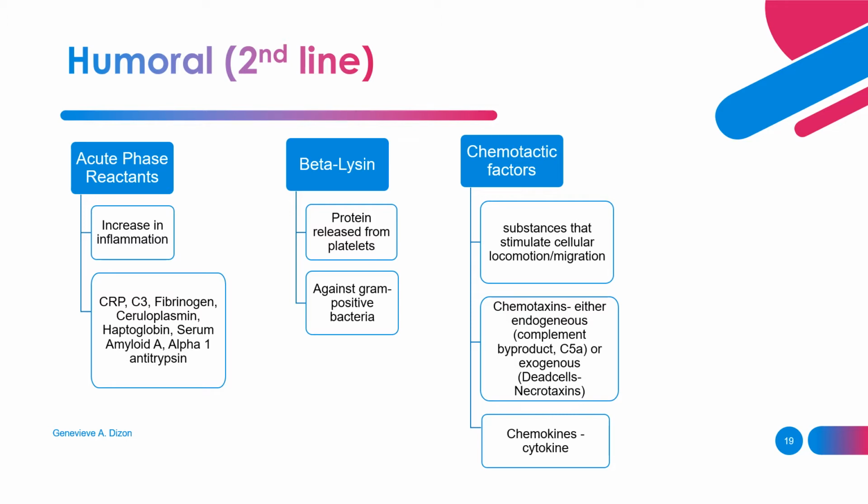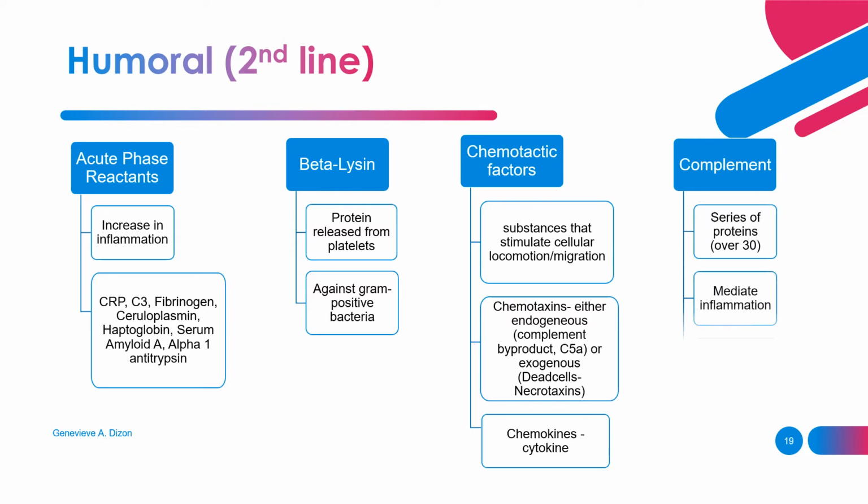So when C5a is formed during complement activation, it can act as a chemotactic factor, also calling the other immune cells. Examples of exogenous chemotaxins are dead cells or necrotaxins. When dead cells are seen floating around in the bloodstream, these can also signal the other immune cells to come. Chemokines are cytokines. They are a family of small cytokines, and the name is derived from their ability to induce direct chemotaxis in nearby cells.